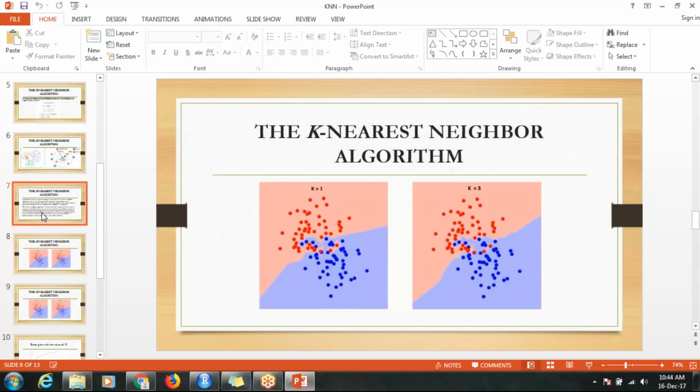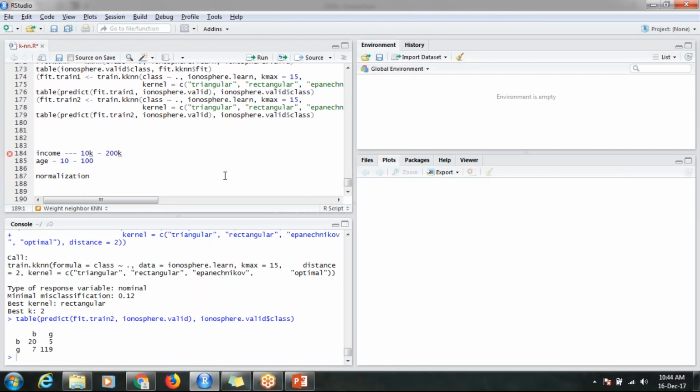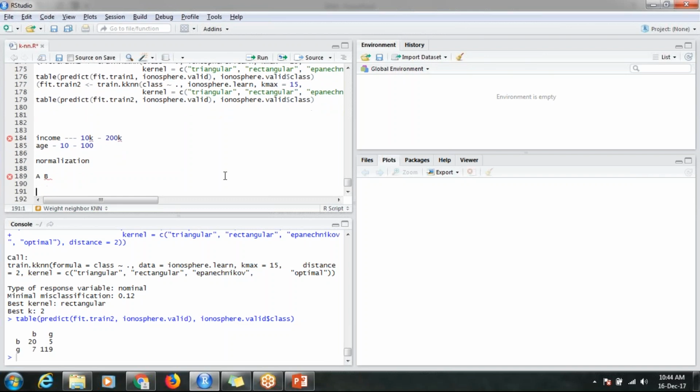So let's say I have two classes, A and B, labeled as A and B. And now I make k equal to 2. So on the basis of the nearest 2, it will decide.